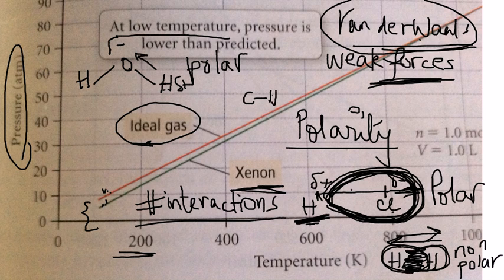CH4, you have carbon-hydrogen bonds. Now there is not as much electronegativity difference between hydrogen and carbon, and as you know, electronegativity is the tendency to pull electrons towards itself.